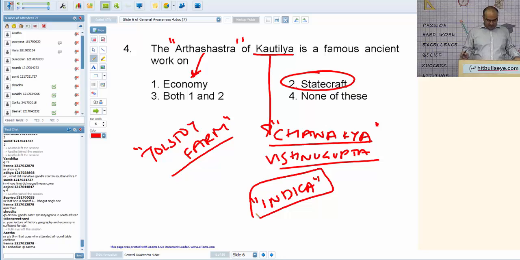Okay, I'm sorry, Indica has not been found intact. In fact, this is one of the oldest books written about ancient India, but the text has not been found. We know about the existence of such a book only because it has a number of references in Kautilya's Arthashastra, right? Then question number 4 I've shown.